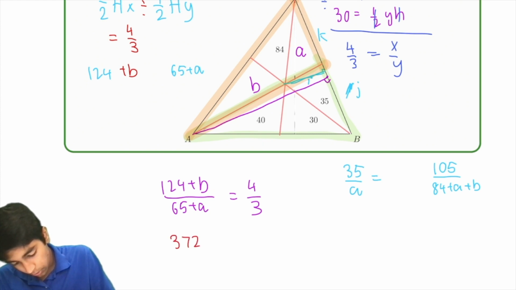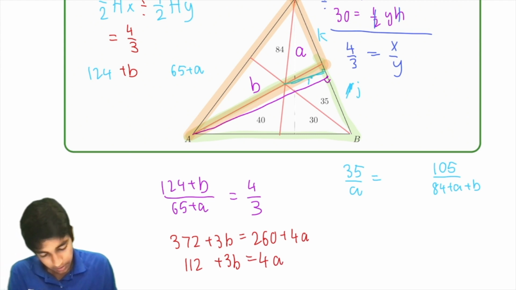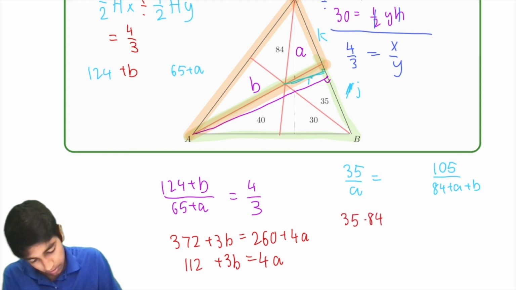So now we can try solving for each of those variables. 372 plus 3b is 260 plus 4a. 112 plus 3b is 4a, right? Let's expand the second equation. We have 35 times 84 plus 35a plus 35b equals 105a.